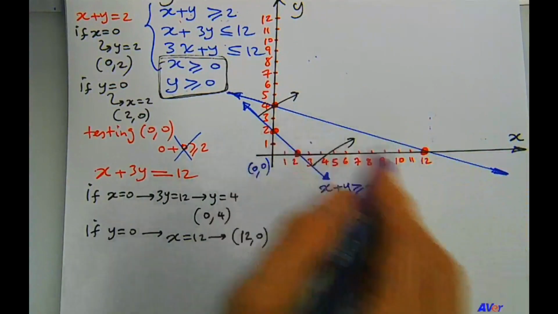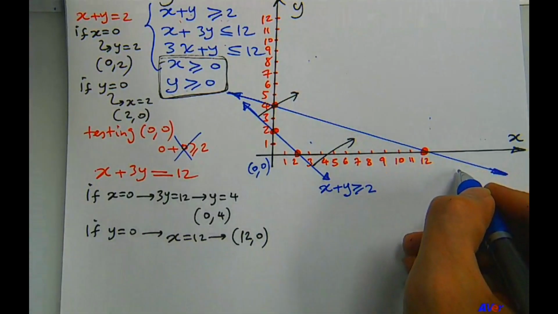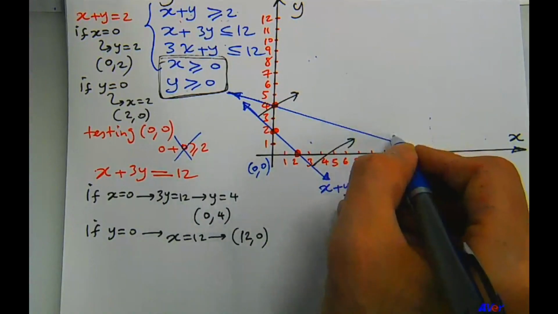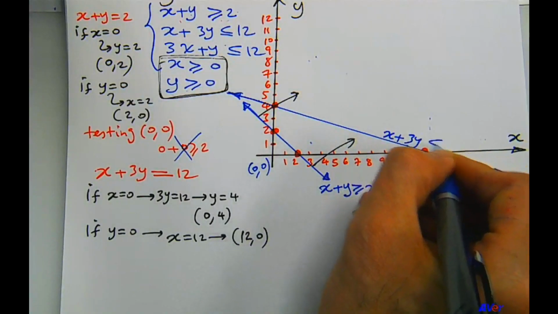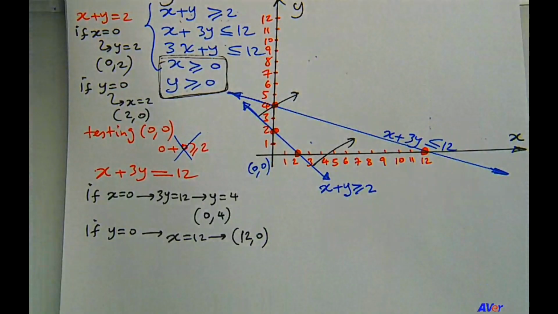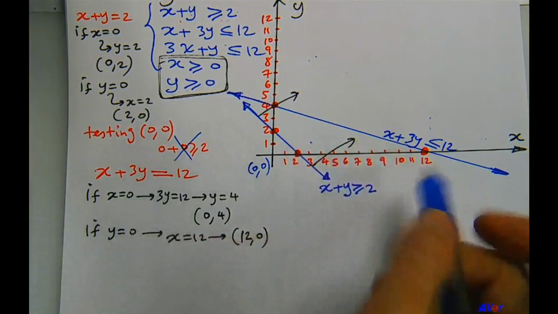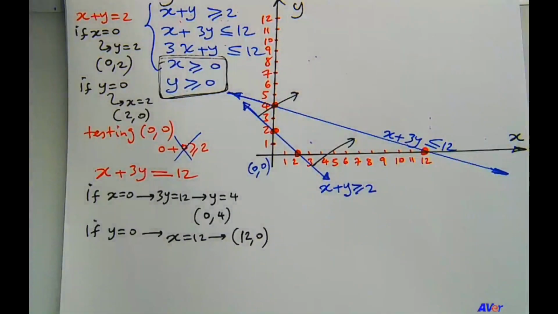And so I'm going to write down the equation of this line, on top of it somewhere here: x plus 3y less than or equal to 12, because this graph is going to get a little bit crowded, and so we want to be able to find the boundary lines and which inequality they're associated with.